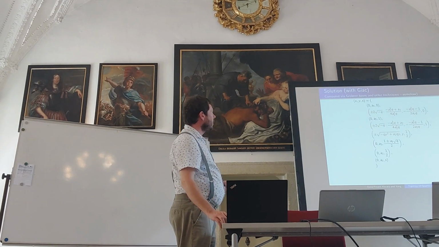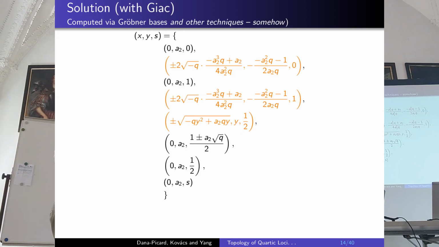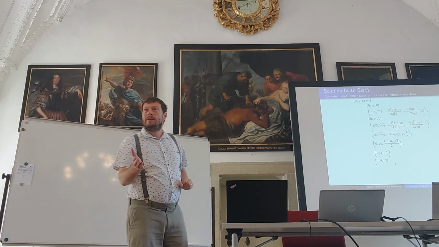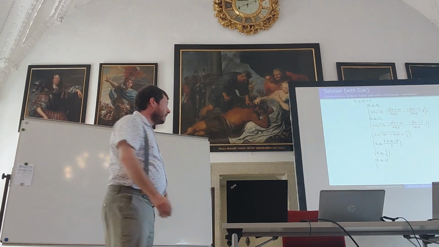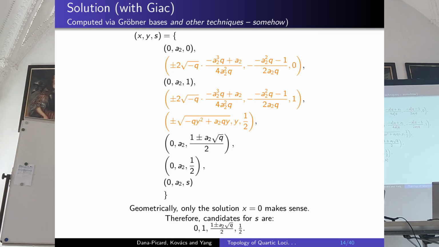So if you solve this, the computer-delivered answer is more difficult, and the orange parts are again nonsense in geometry. Why? Because, for example, under the square root, you can see minus q. So this is something non-real. We are playing in the complex plane when we are using the Gröbner basis at this point.